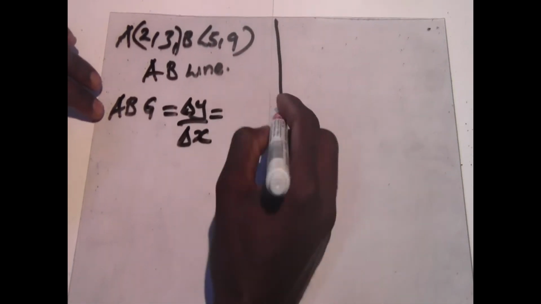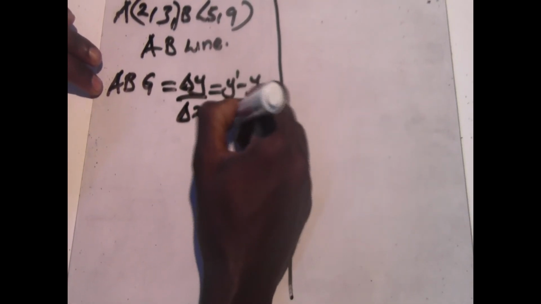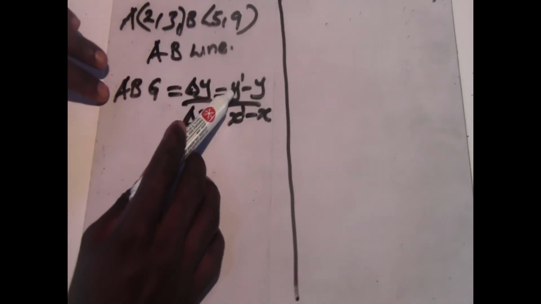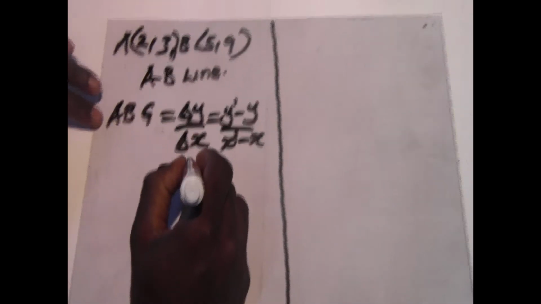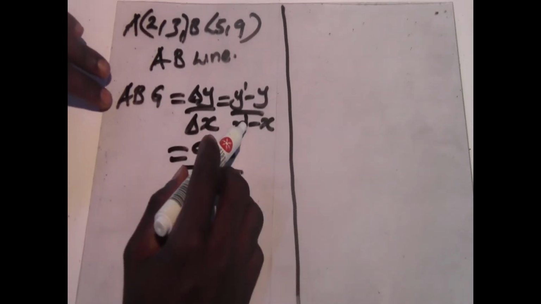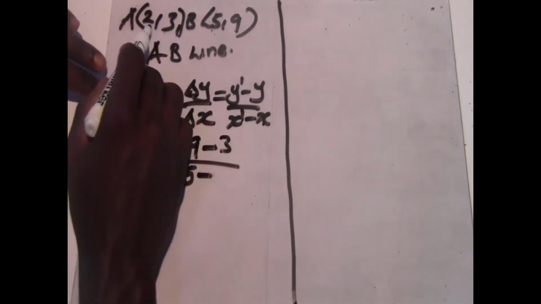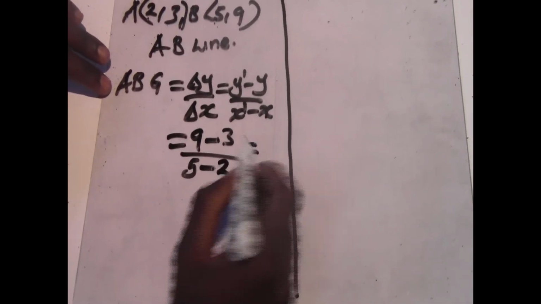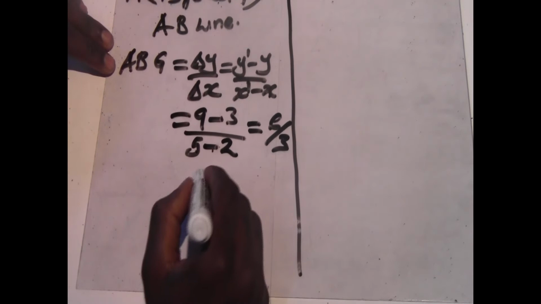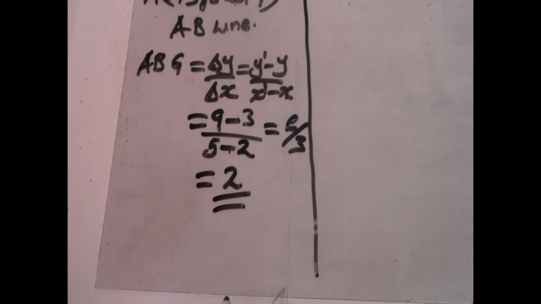Our second y is 9, subtracted to our first y, which is 3. The second x is 5, subtract to our first x, which is 2. This will give us 9 minus 3 is 6 over 5 minus 2 is 3. So this will give us 2.